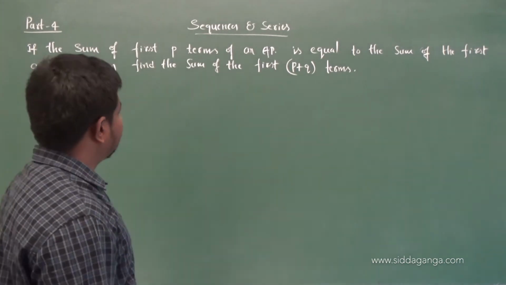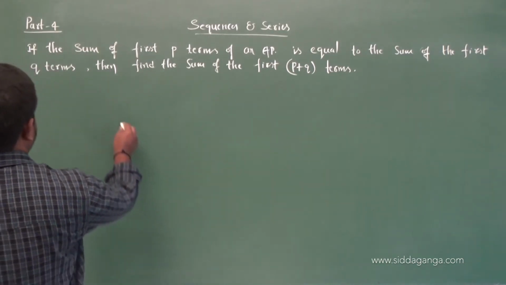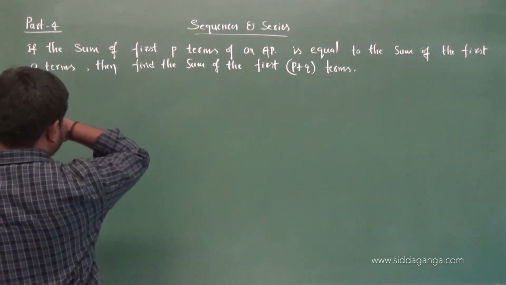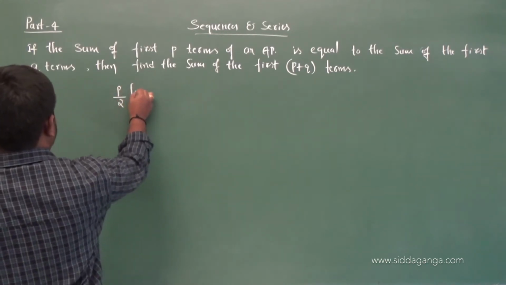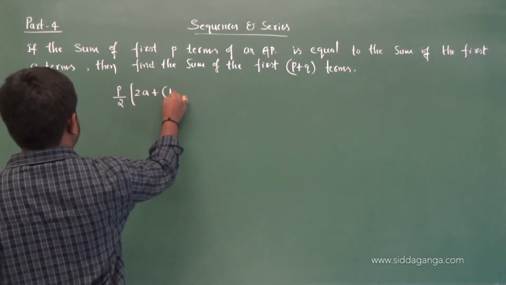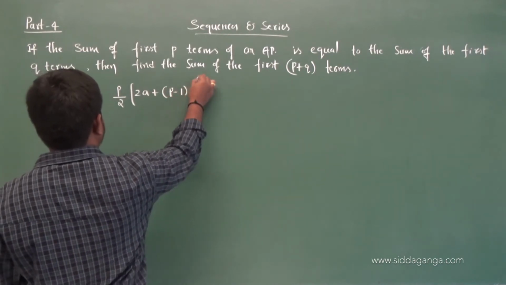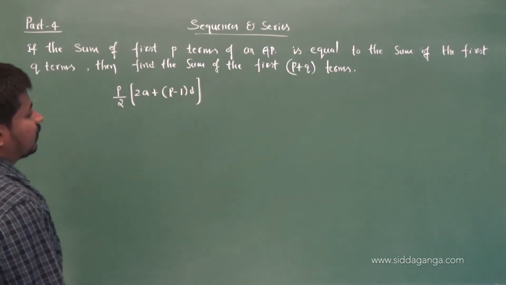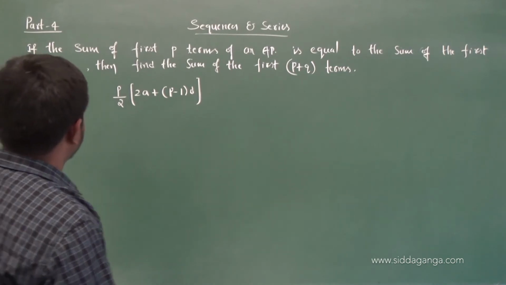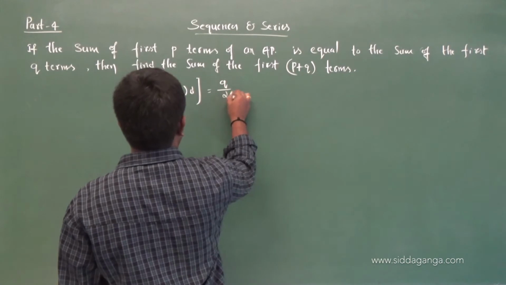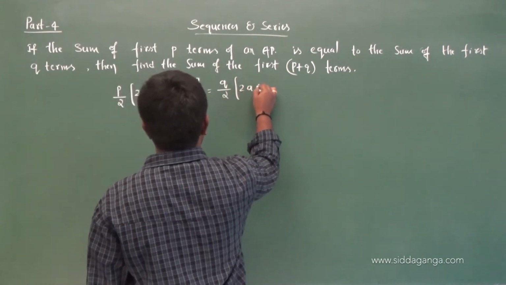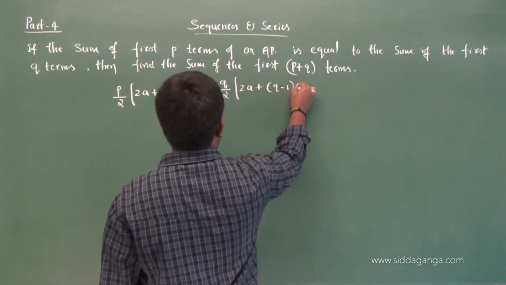Okay. So the sum of first p terms, you mean, yes, p by 2 into 2a plus p minus 1 into d. This is the sum of first p terms of an AP, equal to the sum of first q terms of the same AP, you mean q by 2 into 2a plus q minus 1 into d.